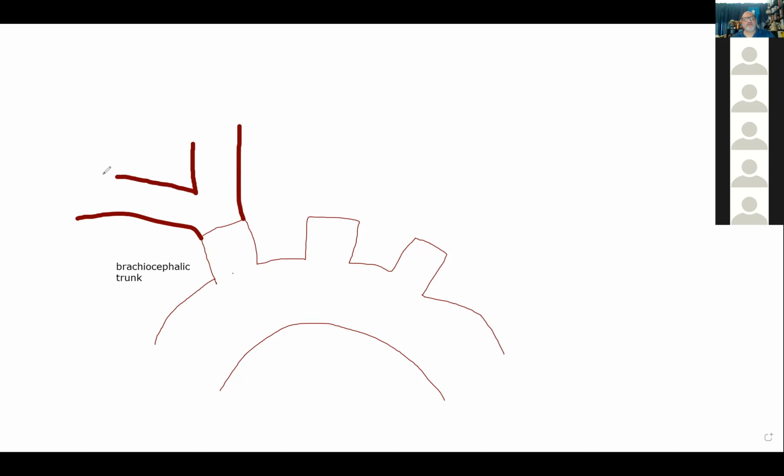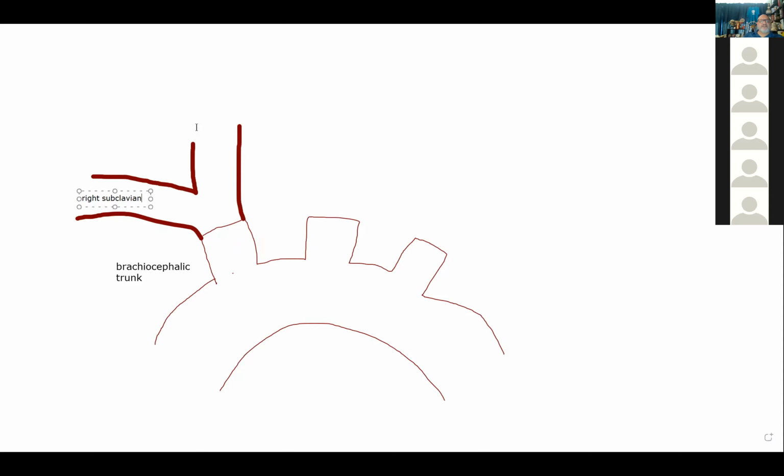So this brachiocephalic trunk branches almost immediately to a blood vessel that is going to go to our arm. And what is the blood vessel that it branches off of to go to the arm? Subclavian. It is indeed the right subclavian. It'll get to the axillary, but that's not what it becomes at first.